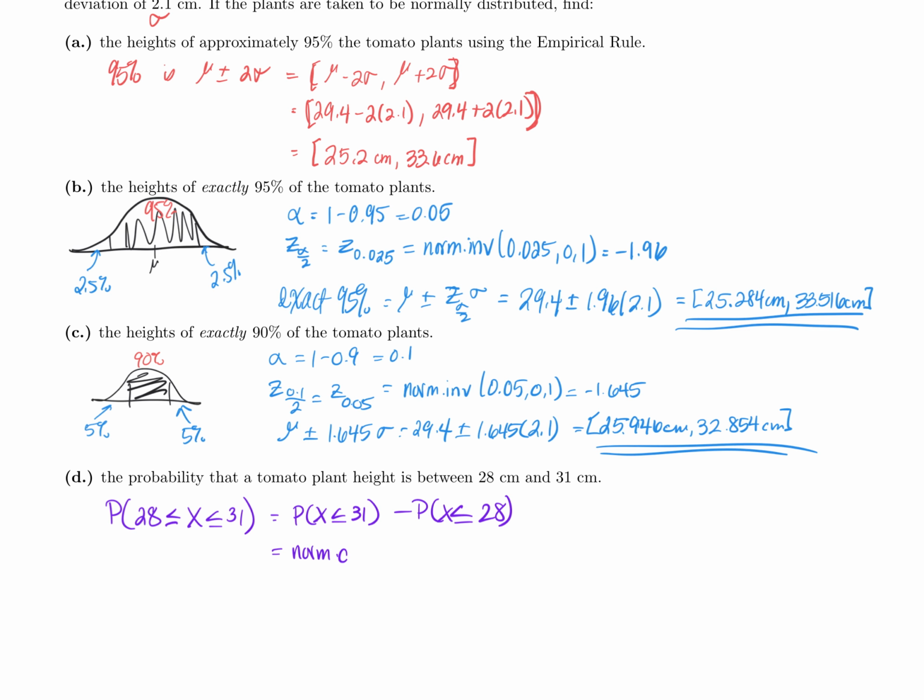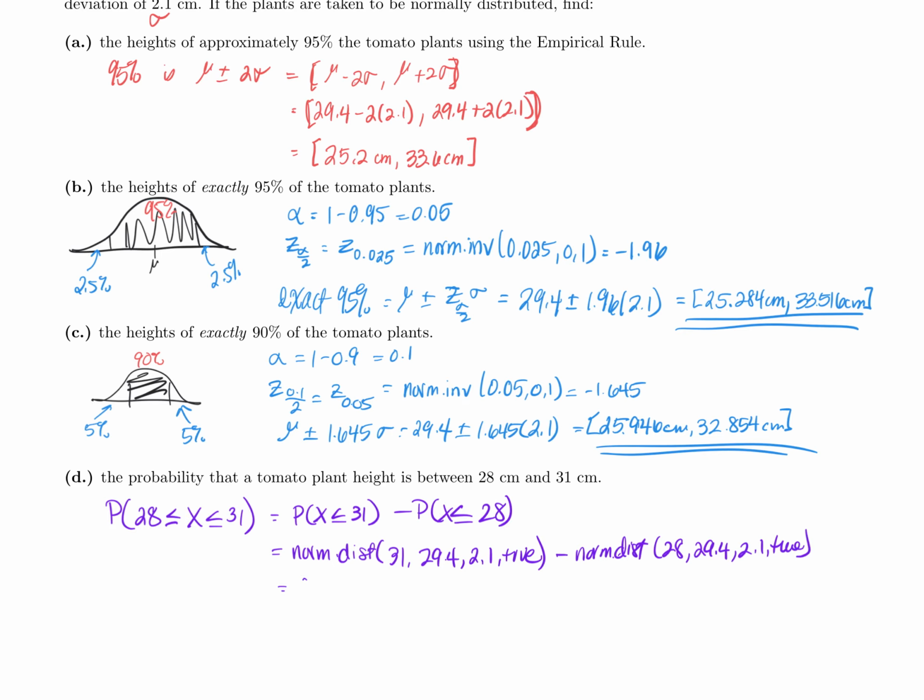So we could do norm.dist of 31, comma, mu, which is 29.4, comma, sigma, which is 2.1, and true, minus norm.dist of 28, comma, 29.4, comma, 2.1, comma, true.